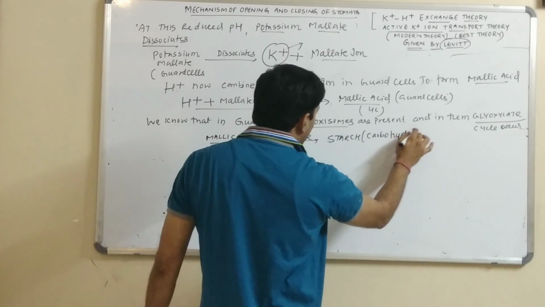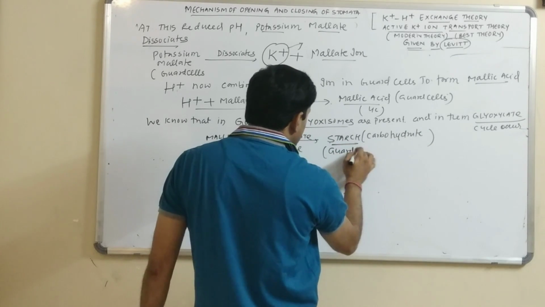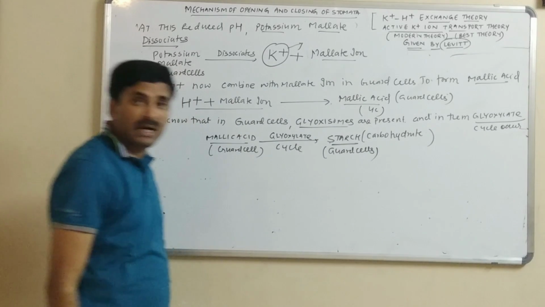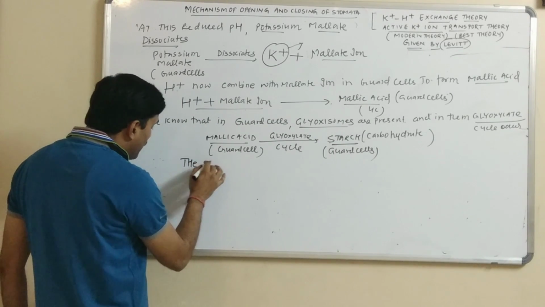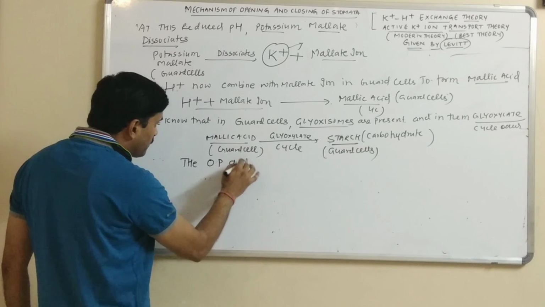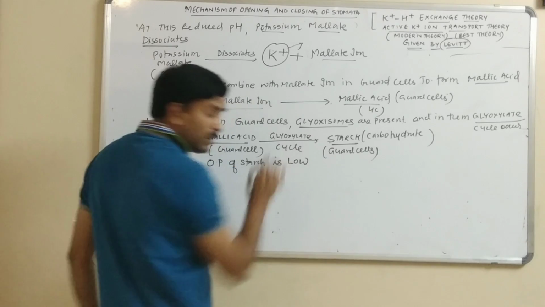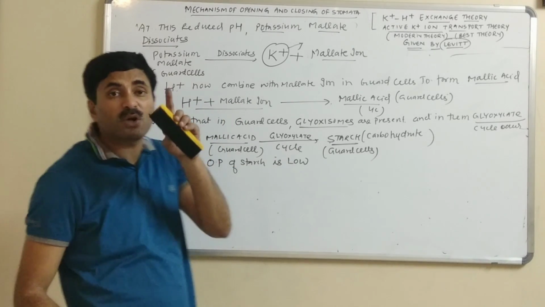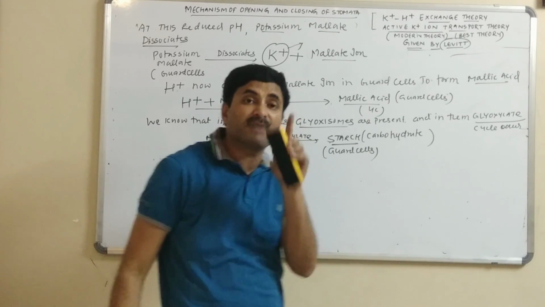So now what is formed in guard cell? Starch is formed. Now the osmotic pressure of starch is low. Remember, the osmotic pressure of the potassium malate formed during the daytime in guard cell was very high.